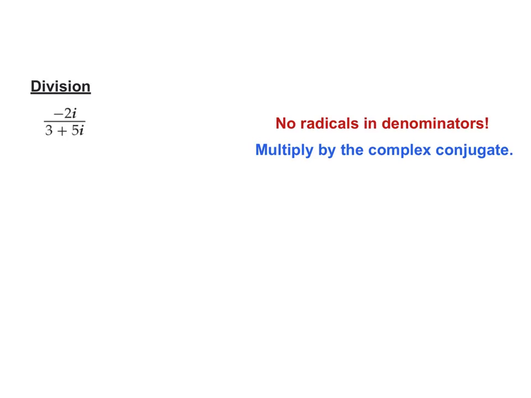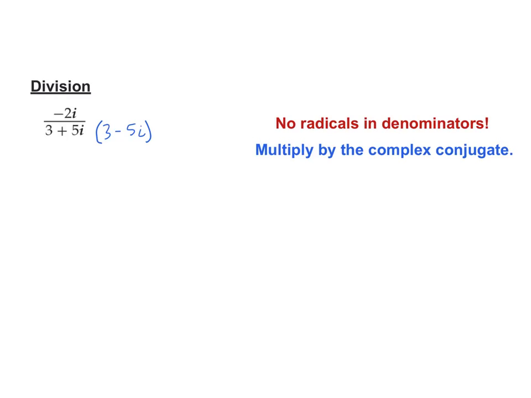It's complex because this is a complex number. Simply stated, the conjugate is the exact same numbers except the sign in the middle changes. The reason why we do that, I'll explain here in a second. It guarantees us something. So in this case, it's going to be 3 minus 5i.